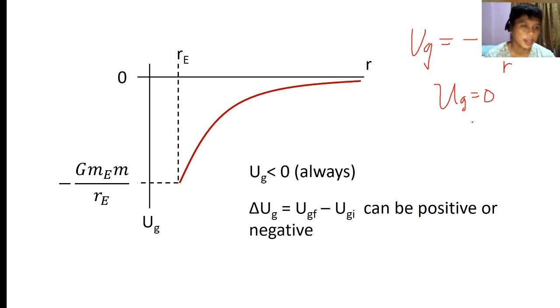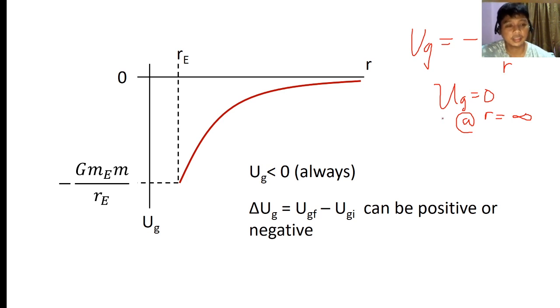We can only make this equal to 0 if R is equal to infinity. Because if we divide GMm by infinity, that becomes 0, because the numerator is divided by a very large number. Infinity is an infinite number. So at r equals infinity, UG equals 0.